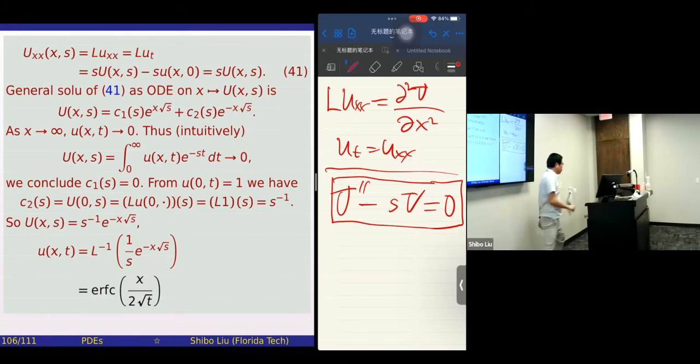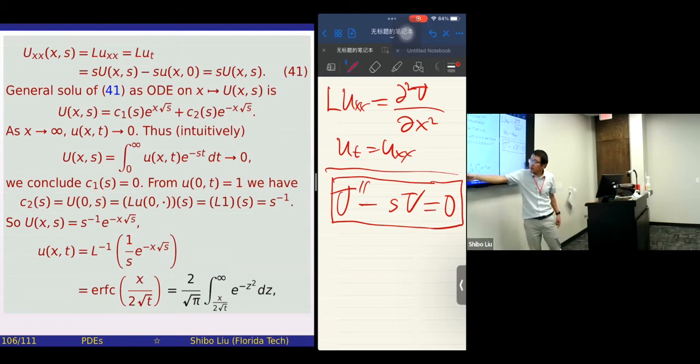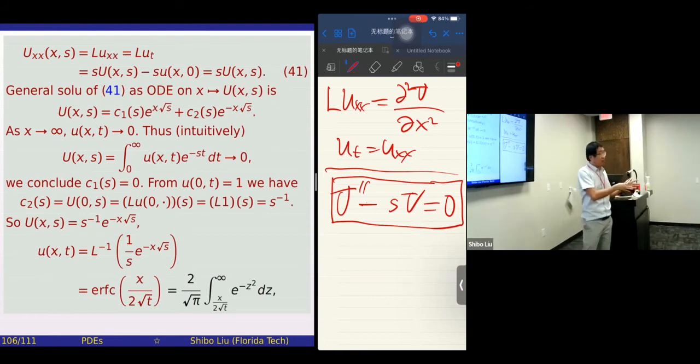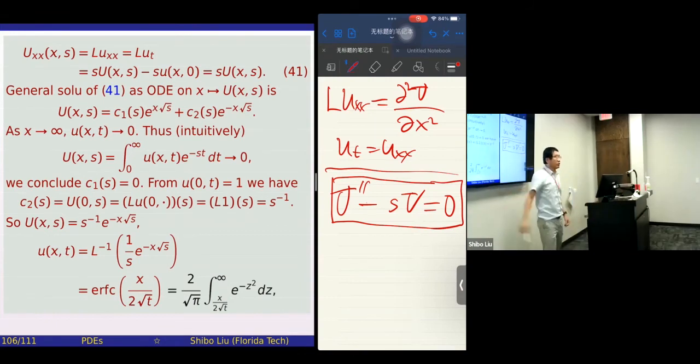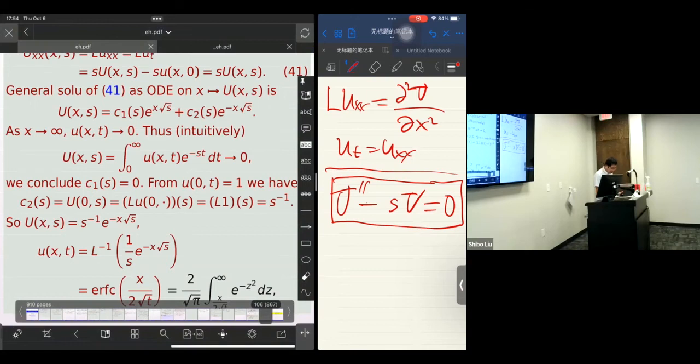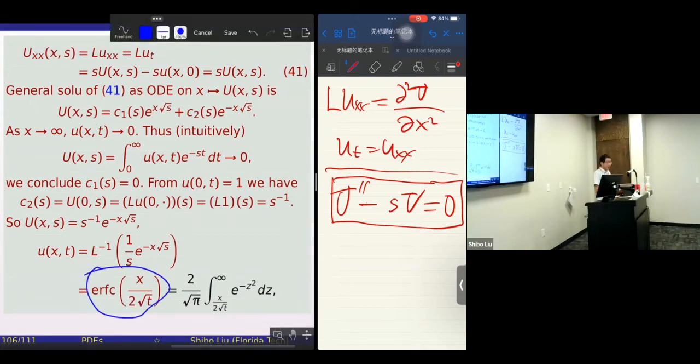It equals 2 over square root of pi times this integral from this to infinity. This is by the definition of this function, and this equality is by checking the table of Laplace transforms. Using the table, you can compute the Laplace transform or inverse Laplace transform for suitable given functions. Now I will explain this so-called error function in the next page.